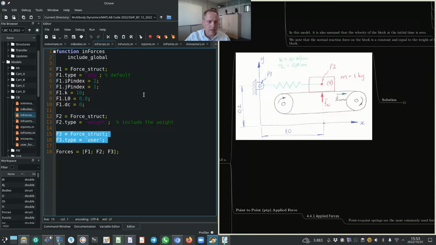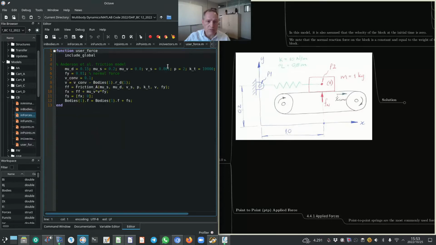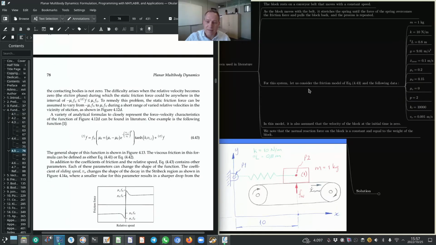Okay, so let me quickly, while we are at it, jump to user force and just see how we define this user force. Now, if you remember, it was asked that we should use the friction model of equation 4.43 with the following input parameters.